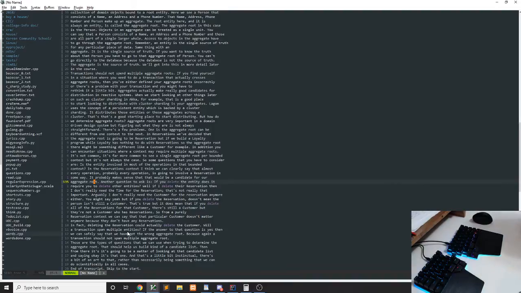Will a transaction span multiple entities? If the answer to that question is yes, then we can safely say that we have got the wrong aggregation root. Because again, a transaction should not span multiple aggregate roots.